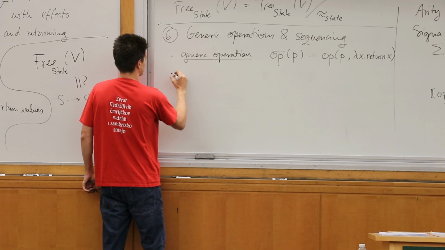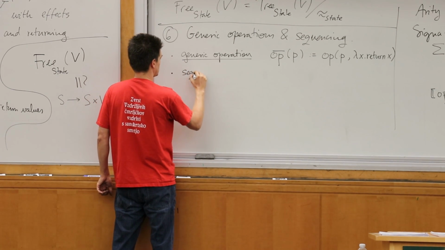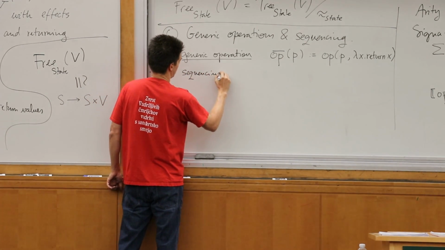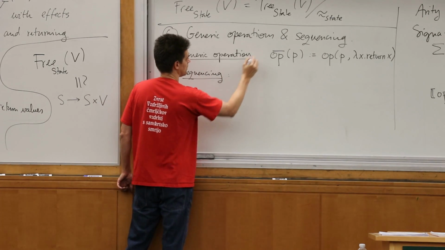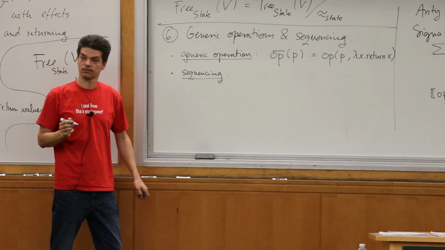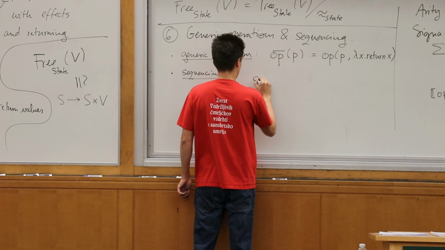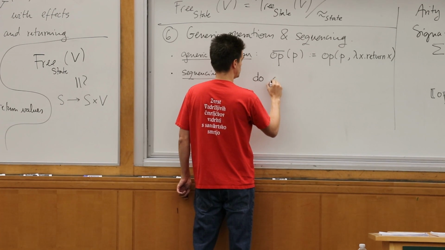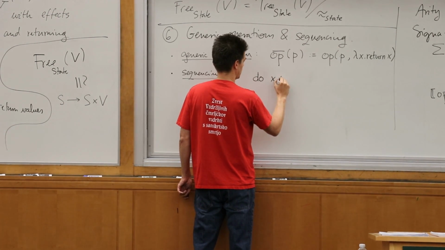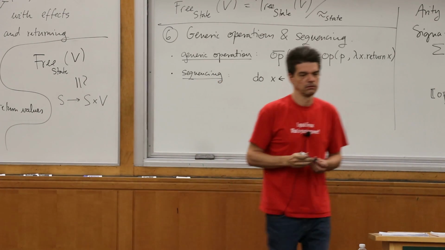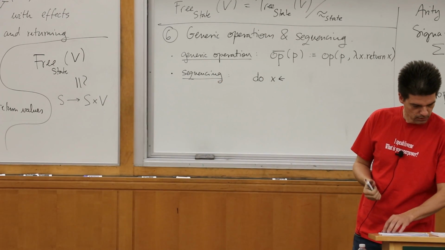And the other thing is called sequencing. There are some competing notations for this. Let's take the middle ground. I'll do it like this. Do x. It's possible to do this wrong.